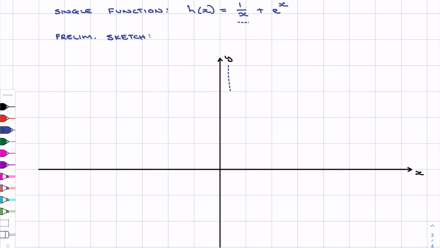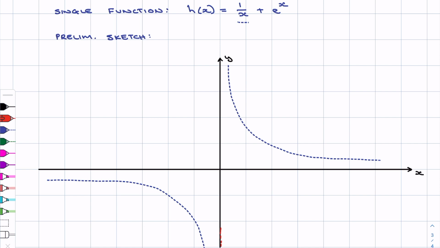I'm going to note here that f(x) has an asymptote at x equals 0, going up that way.